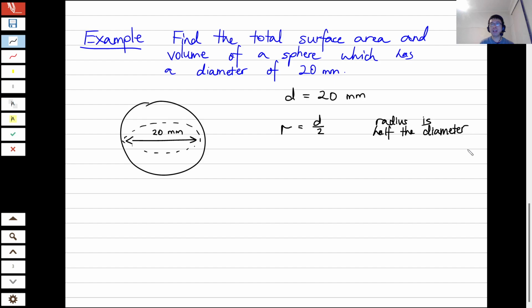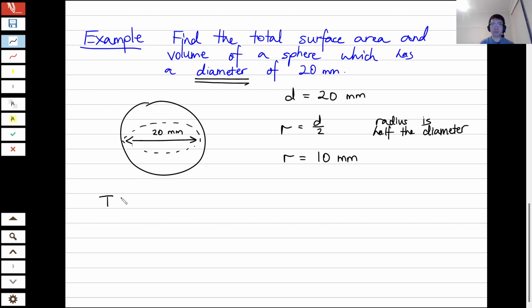So if the diameter is 20 millimeters, that means the radius is 10 millimeters. And only now at this point can I use this number in the formulas. I should not use 20 for the radius because this was the diameter rather than the radius.